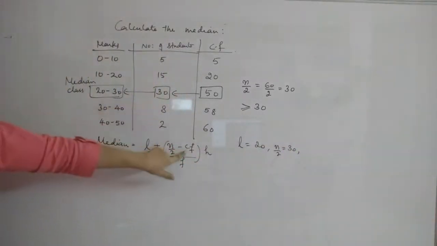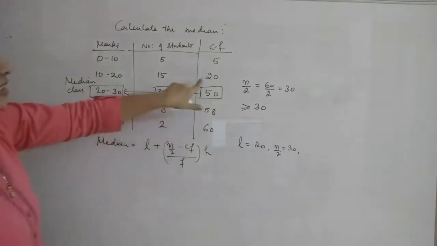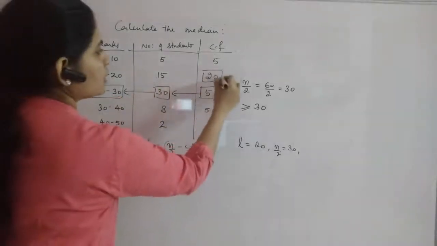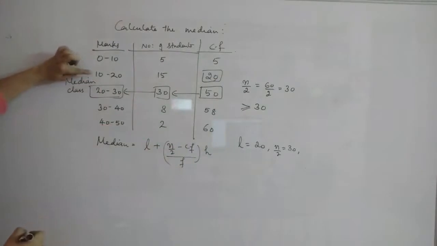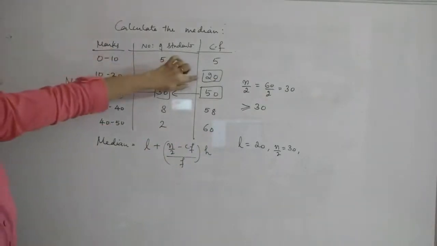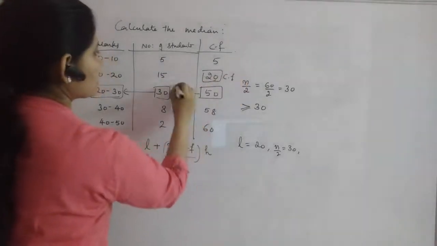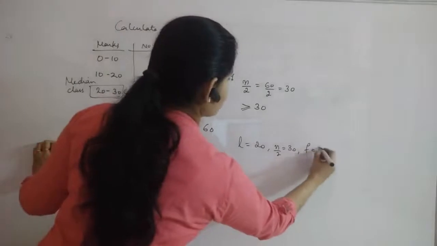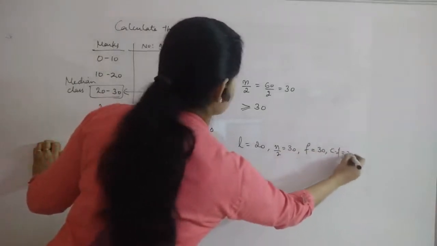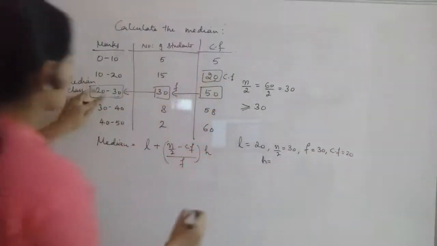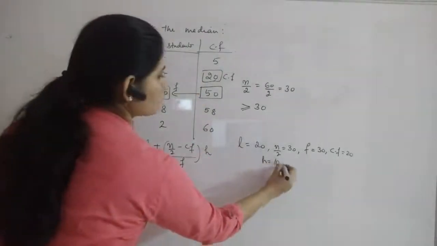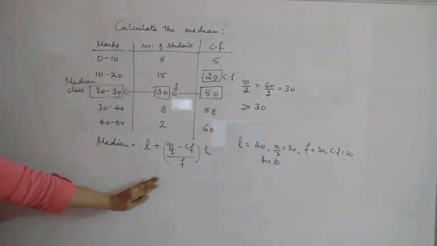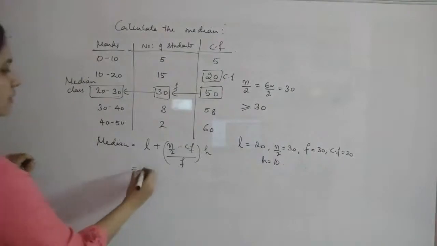Frequency is this, but what is this Cf? This Cf is nothing but the cumulative frequency of the preceding class of the median class. This is the median class, this is the preceding class. Here what you are getting, that is acting as the Cf, and this is f. So you have f as 30, Cf as 20, and h, again it is the class interval size, which is 10.